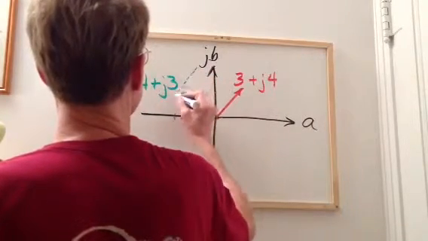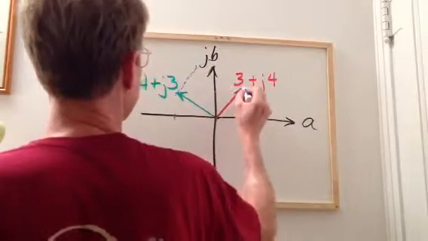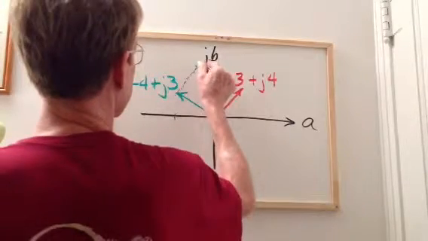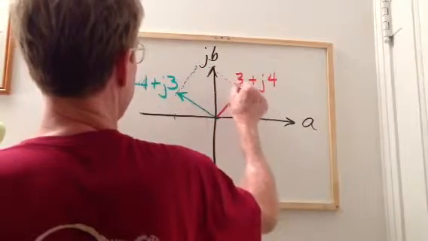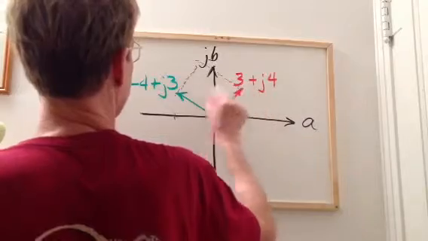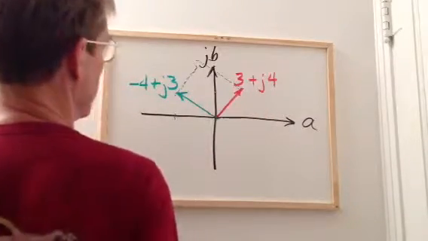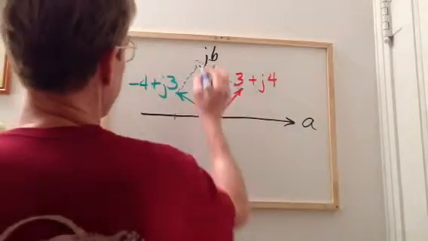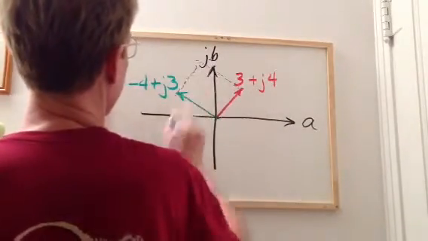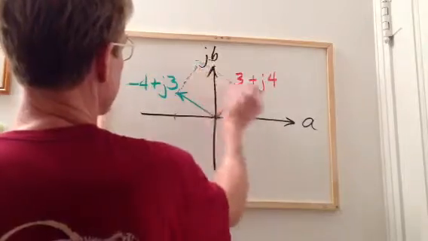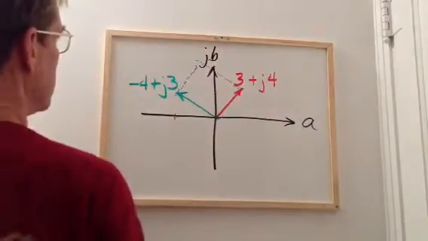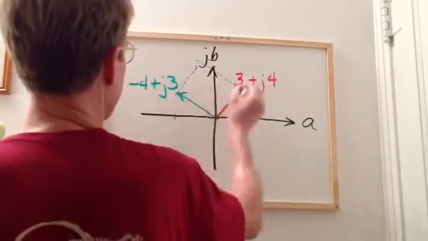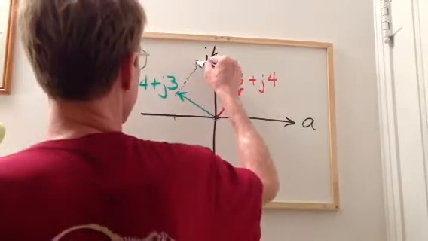Then we construct the third side equally long with that vector and parallel to it, and the fourth side equally long to that vector and parallel to it. Now we have a parallelogram. Opposite sides are parallel. This pair of sides is parallel and that pair of sides is parallel.